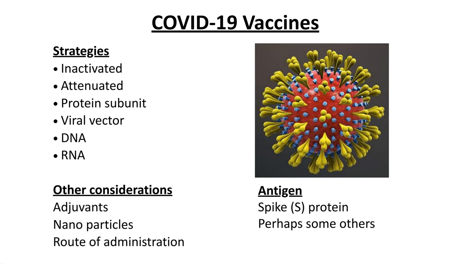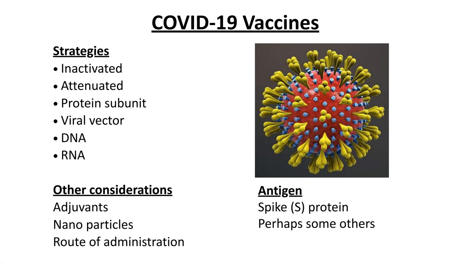In addition to these platforms, one also needs to consider the possibility of using an adjuvant. That's important mainly for inactivated vaccines and protein subunit vaccines that require some help in order to be more immunogenic. The use of nanoparticles is the case for the RNA vaccines that need to be encapsulated into nanoparticles in order to deliver the RNA well inside the cell where it's going to produce the protein.